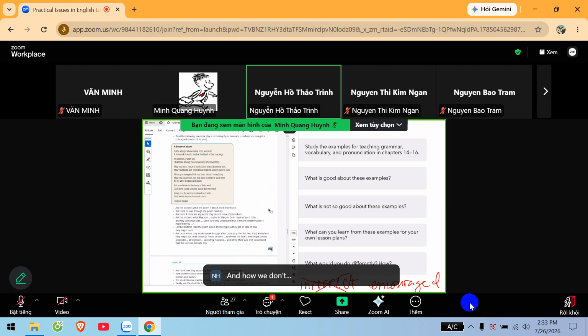We will replace or supplement the poem with a movie dialogue, a popular song, or a short audio clip from a podcast. This helps students notice intonation, and it attracts students more than the poem. And the next one.